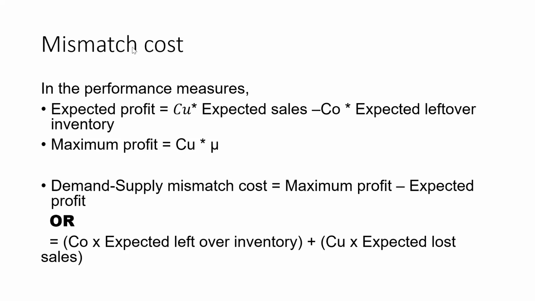The maximum profit is equal to CU times mu. The demand-supply mismatch cost is equal to the maximum profit minus expected profit, or in the other way, if you expand it, CO times the expected leftover inventory plus CU times the expected lost sales.